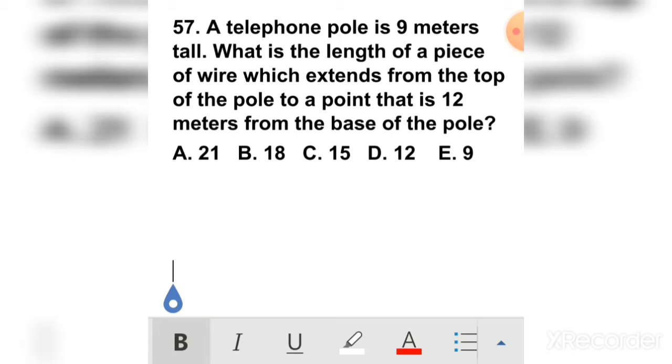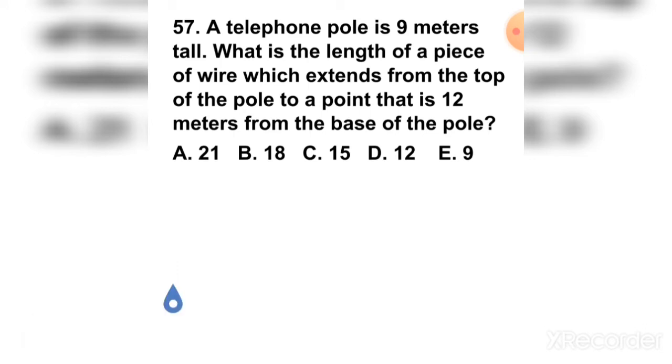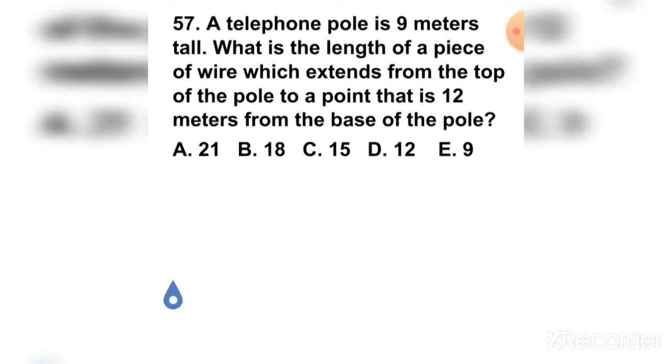So let us try to have a sketch of what the problem is telling us. So the telephone pole is 9 meters tall. So let's try to draw a pole. So 9, and then the wire extends from the top of the pole to a point that is 12 meters from the base of the pole.